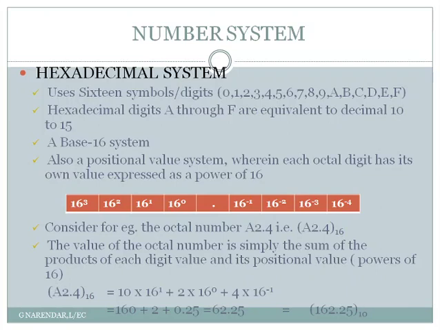To get the value of a given hexadecimal number, take the product of each digit and its corresponding position value, and then sum up all the products to obtain the value of the hexadecimal number.